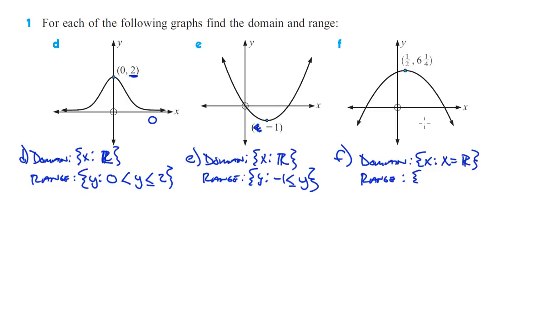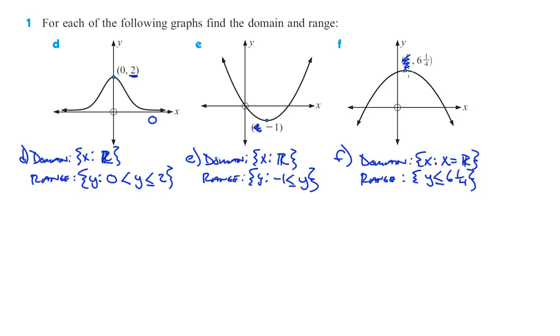We don't have a lowest point, but we do have a high point, and again, we don't care about the x value, we only care about the y value. So y is going to end up being less than the highest point, which is 6 1/4. And it actually is equal to 6 1/4 because it's got that point right there, so y is less than or equal to 6 1/4.